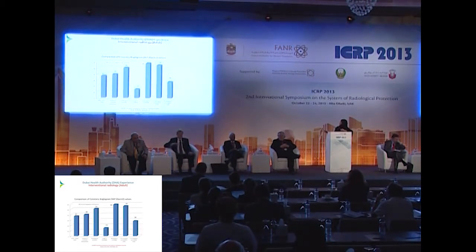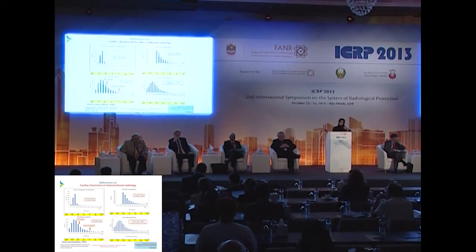And here we compared our data on coronary angiogram with other places, and we found that we are within the range. This is the DHA. This is just to show slides presented by Vano in the conference. I want to show this to say that for angioplasty procedures, our values were here, we consider them as high.